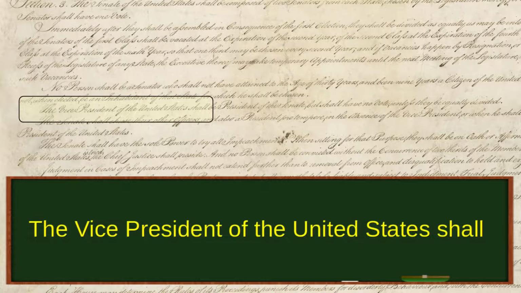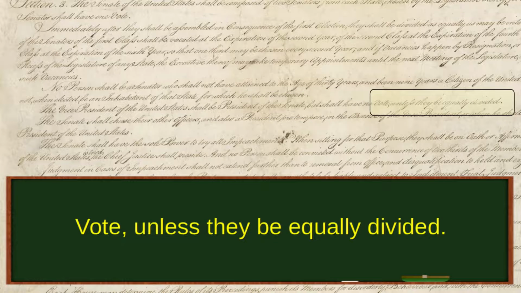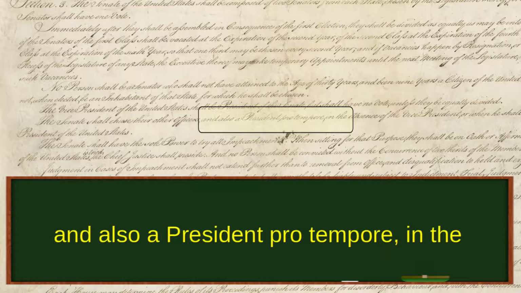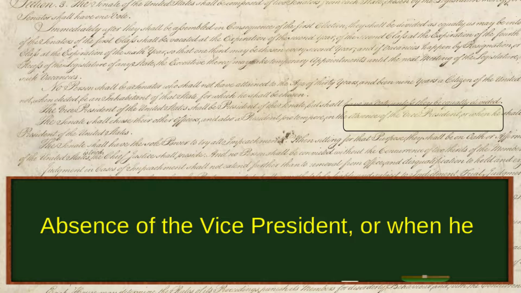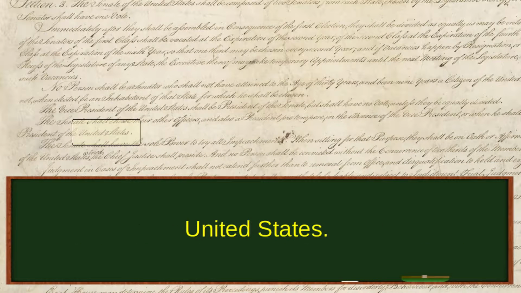The Vice President of the United States shall be President of the Senate, but shall have no vote unless they be equally divided. The Senate shall choose their other officers, and also a President pro tempore in the absence of the Vice President, or when he shall exercise the office of President of the United States.